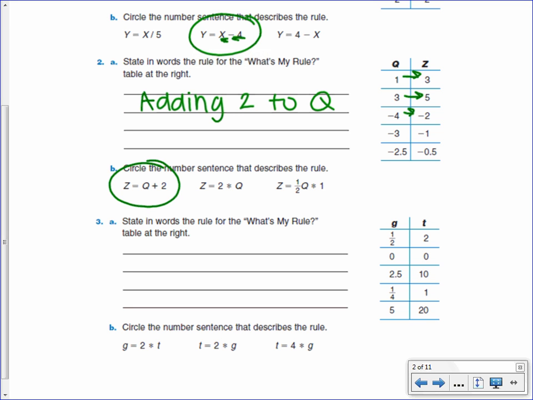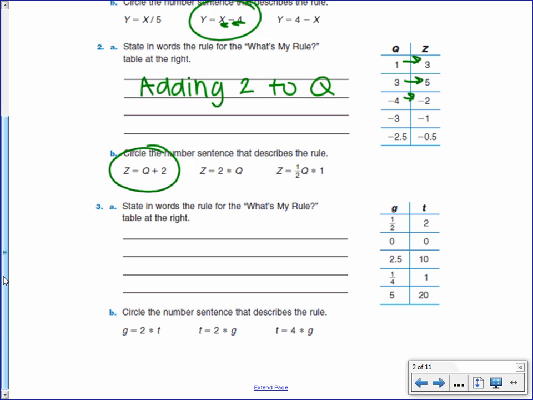Because we're starting out with Q, and we're adding 2 each time. In our words, we didn't say anything about multiplying, so we knew kind of right away that we weren't going to have either of those because we're not doing any multiplying. The third makes it look really confusing because it's half Q times 1. I know. I think they maybe did that on purpose.